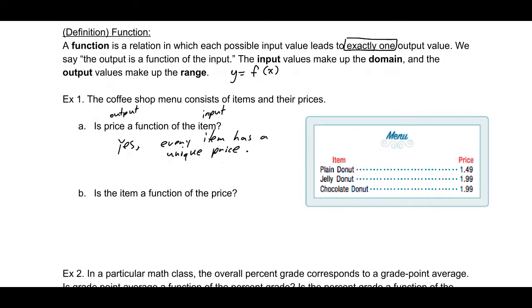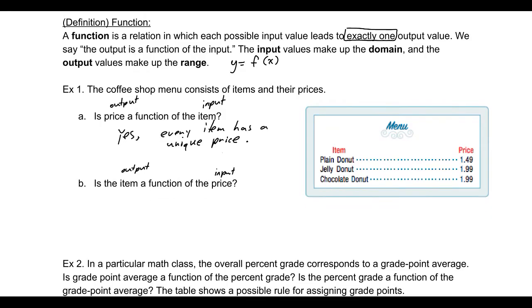In the other direction, is the item a function of the price? That is, our price is our input and the item is our output. So, in this case, does every price have its own item?